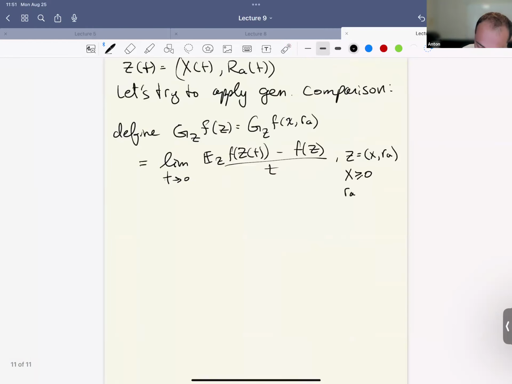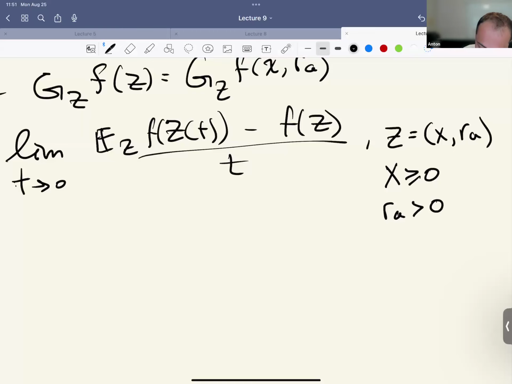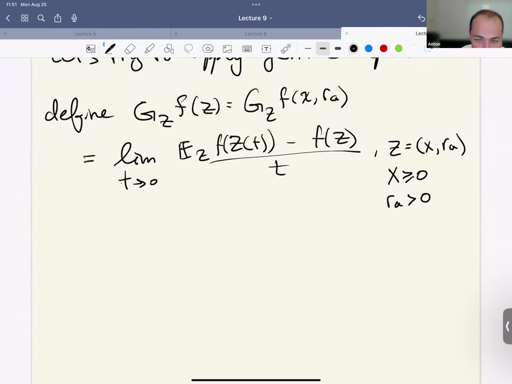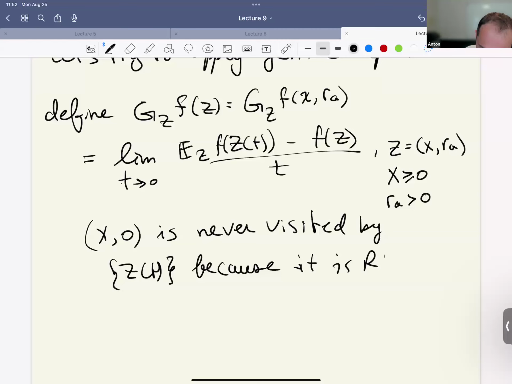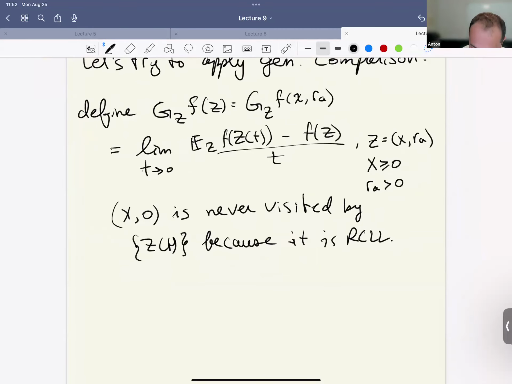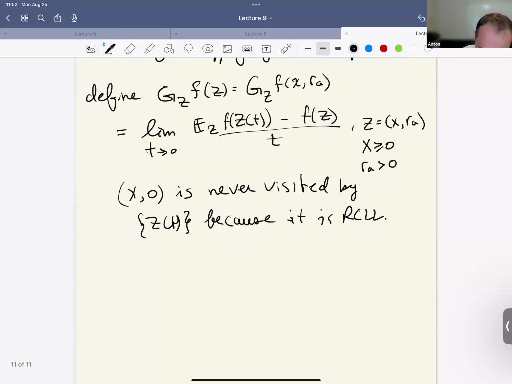In other words, because we have adopted the right continuous version of the process, the state x comma 0 is technically never visited by Z of t because it is right continuous with left limits. But okay, I'll come back to that point.